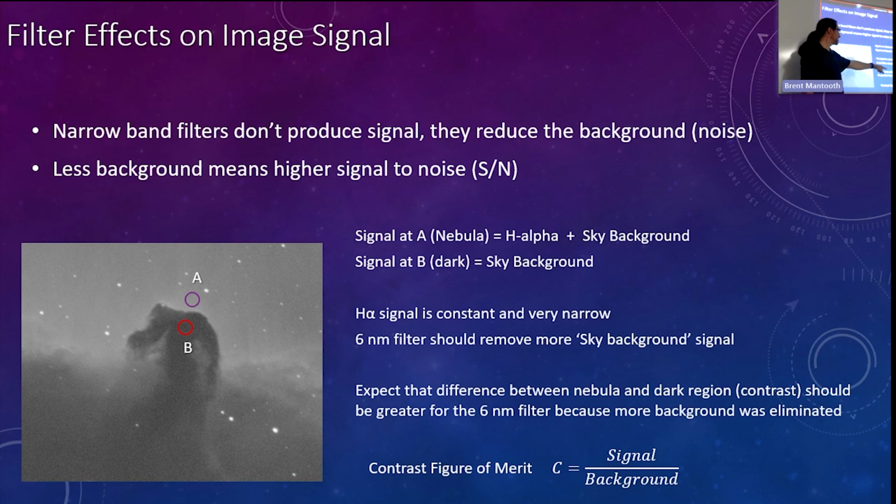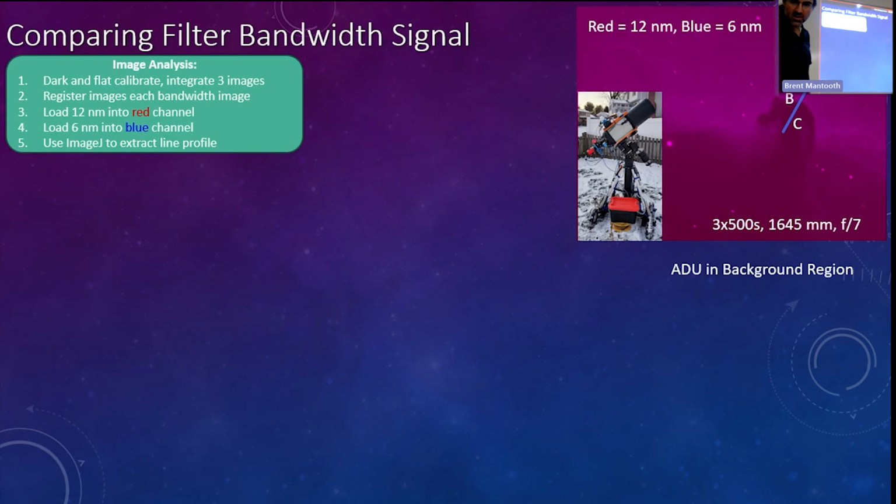I would look at the intensity of the signal here and divide that by the intensity of the signal here, and that's going to give me my contrast figure of merit. We would think that the 6 nanometer one is going to have less background because it's narrower, letting fewer wavelengths through, and that the 12 should be broader, or lower contrast.